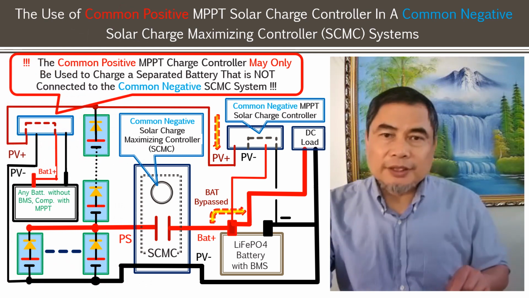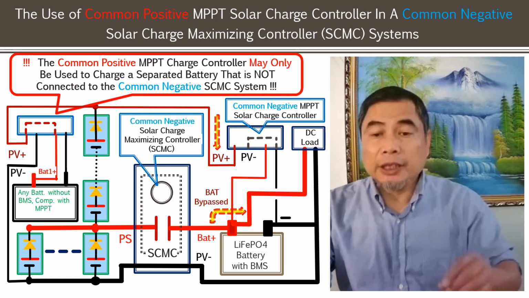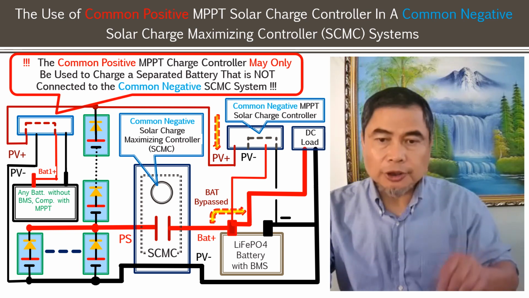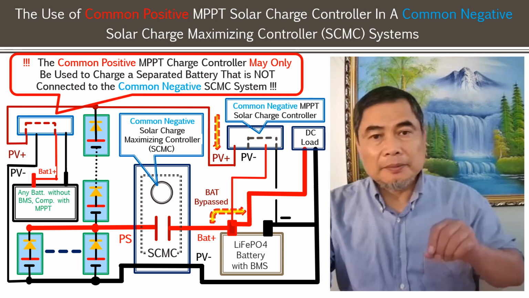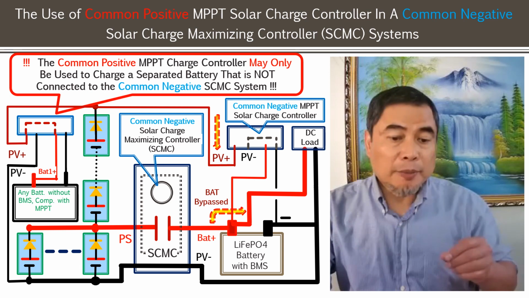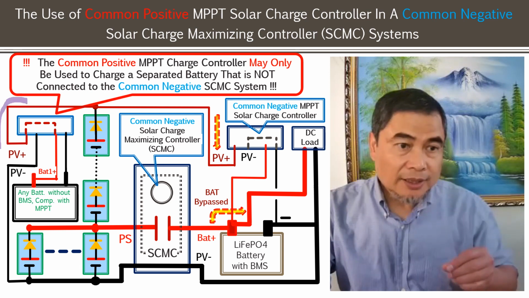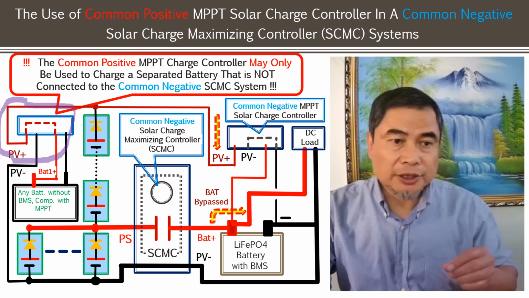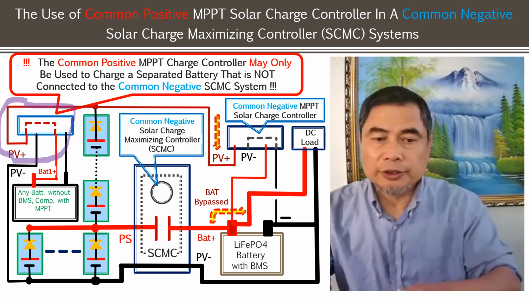So this is a unique application. It's actually a common negative solid charge maximizing controller system, but you have a separate MPPT solid charge controller over here. The rest is the same as what we just explained.